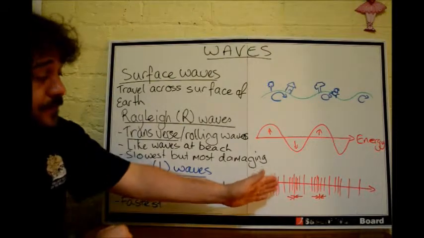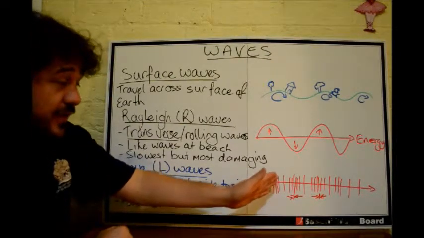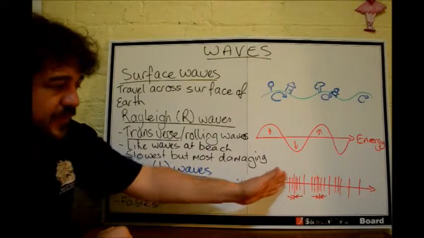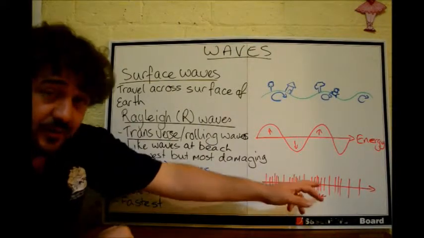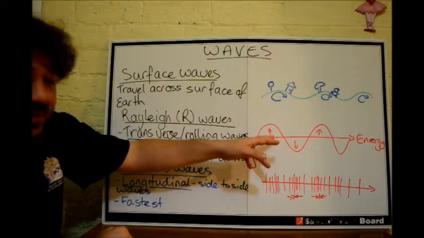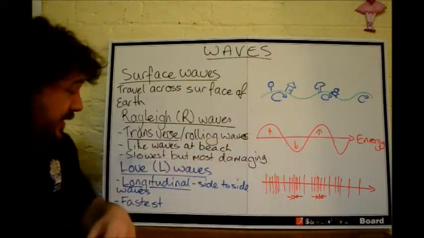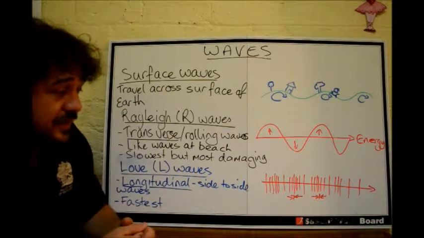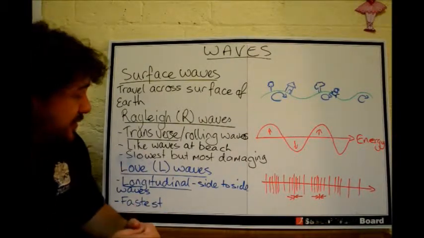And again, the particles don't really move very far. They move a little bit, but they kind of stay where they are, but the energy moves that way. Okay, so here the particles are only going this way, but they come back to the middle, and the energy moves that way. So these are the fastest and cause the least damage, but they still can cause damage.